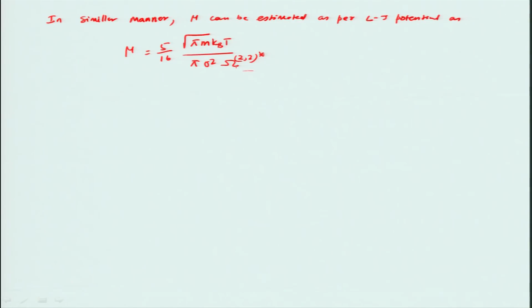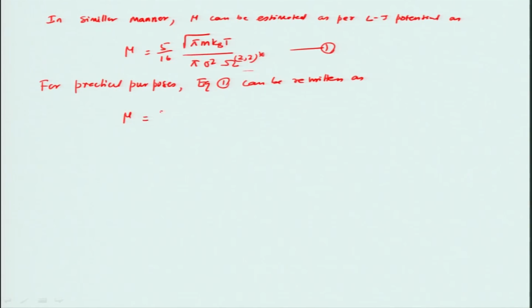For practical purposes this can be rewritten as 2.6693 times 10 power minus 6 times the square root of MW times T, divided by sigma square omega 2,2 star, and this will be in kg per meter second.